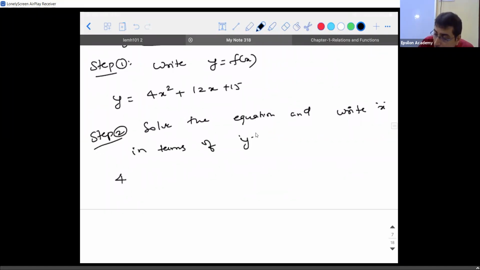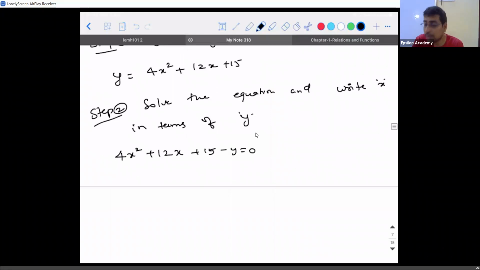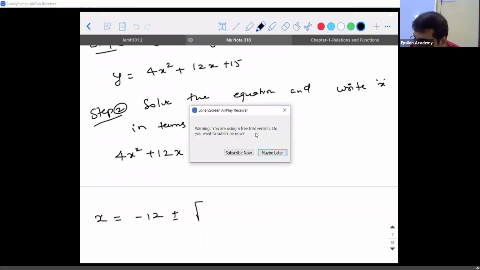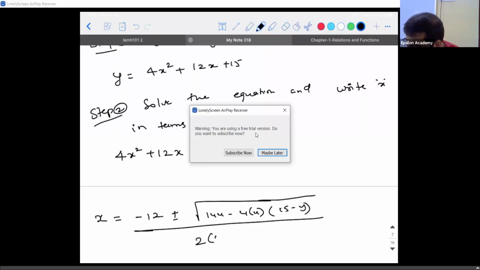So what am I supposed to do? So the quadratic equation. 4x square plus 12x plus 15 minus y will become equal to 0. So I'll get a quadratic equation. What is the quadratic formula? X is equal to minus b plus or minus root of b square minus 4 into a into c, the whole divided by 2a.